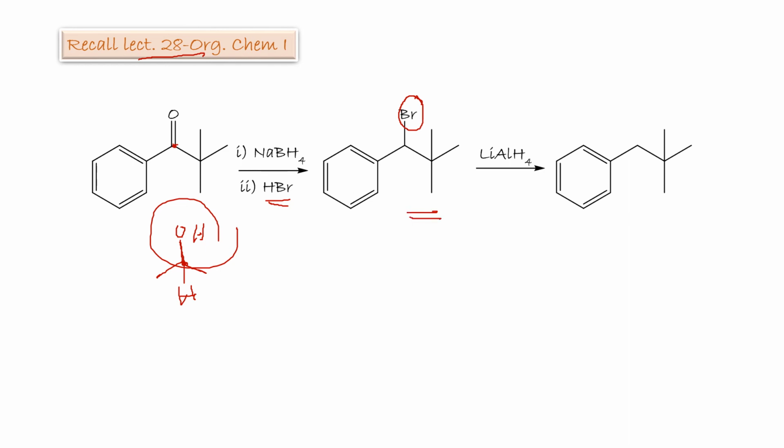Reacting the alkyl halide with lithium aluminum hydride, substitution, you will substitute the Br by H and you get CH2. So we have three methods to transform C=O to CH2: Clemmensen reduction, Wolff-Kishner reduction, and this multi-step procedure. First transform it to alcohol, then to alkyl halide, then to alkane.